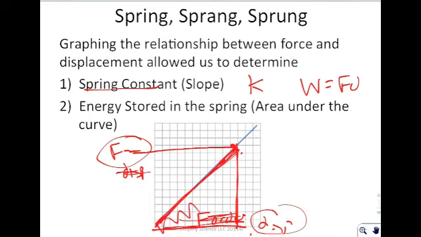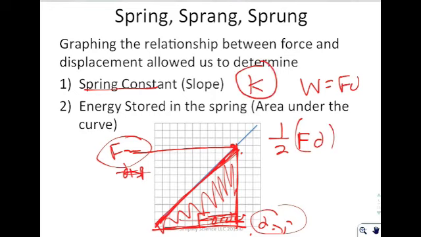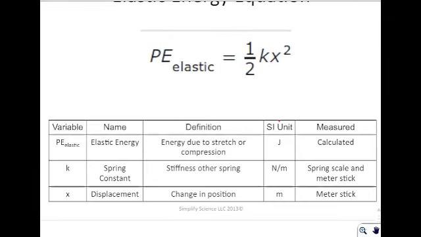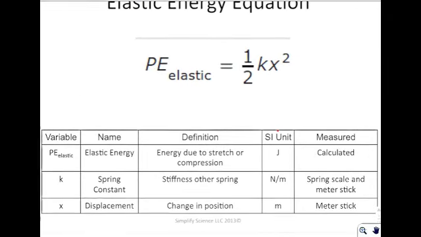Instead, what I get is the area under the curve. And whenever you get the area under the curve, that's where you get this 1/2 of the force times the distance. Well, remember, you can relate this k value right back to distance as well. And when you do that, that's why you end up getting a squared term. So the equation we get when you put all the math together is this right here: elastic energy is equal to 1/2 kx squared.